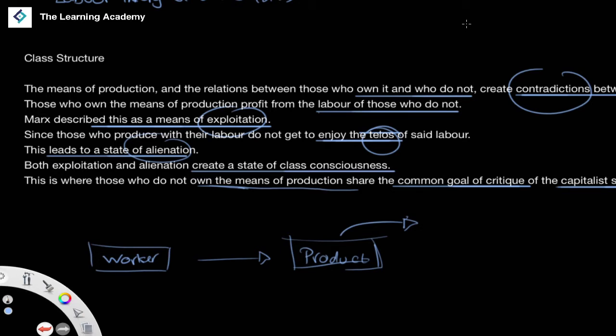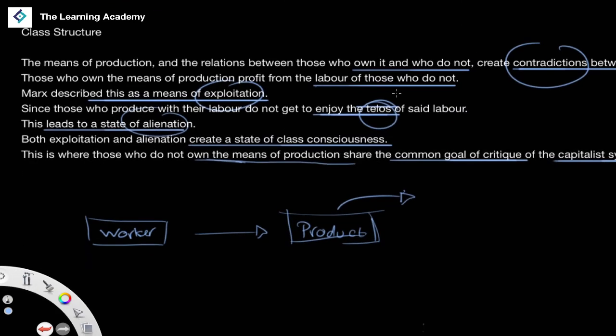And this can lead to a state of alienation. Where the worker sells their labour for profit that they do not get to enjoy, we suggest, from a Marxist perspective, this is known as exploitation of that labour. The separation of the worker from the product and the fruits of their labour creates a state of alienation, where they are alienated from their labour.